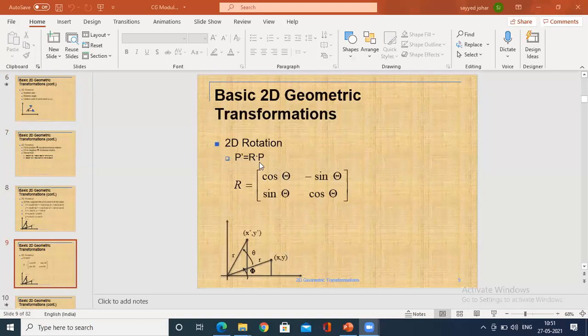So R dot T is a rotational matrix, where R is a 2 cross 2 matrix consisting of this factor.